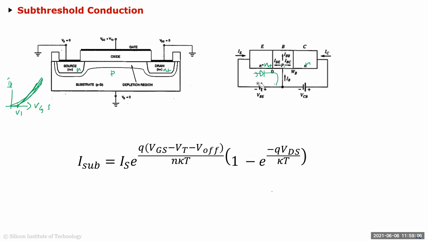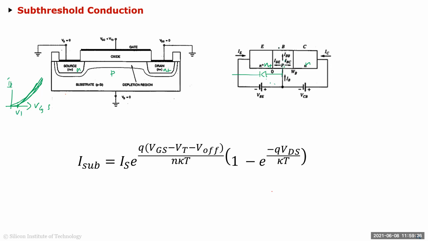Sorry, I'm showing the reverse here. This is NPN, so it's this direction here. When you forward bias, the majority carrier for P is holes, so you have a huge amount of holes injected into the base.